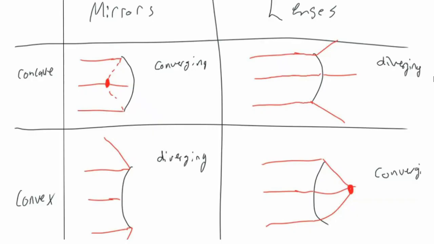So the way I do it is I just remember one of them. So say you remember what lenses are, and then for mirrors, it's just the opposite. So concave lenses, I know those are diverging, so concave mirrors have to be converging.